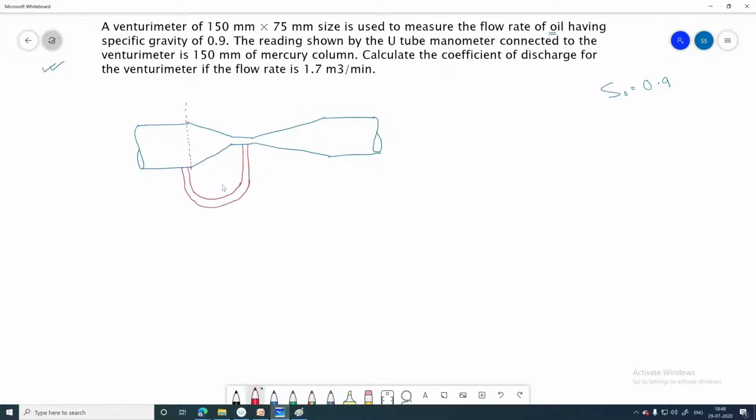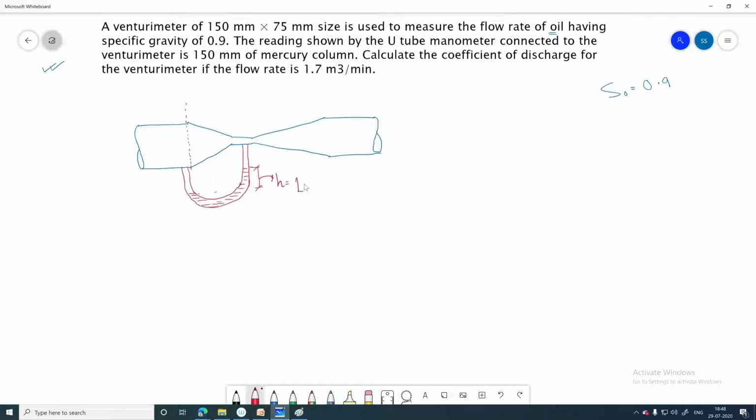And the pressure head difference, this is the pressure head difference, and the value, that is H, it is given here. The pressure head difference is 150 mm of mercury column.